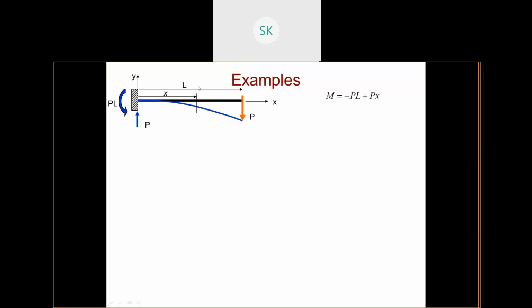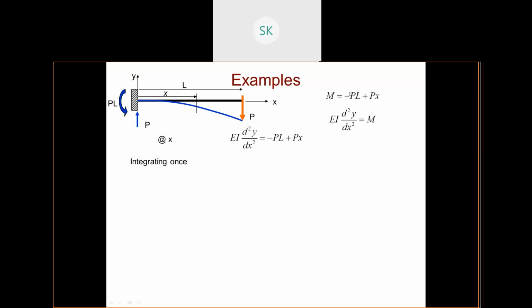If I take a section X-X at this point and use the equations of equilibrium, you will get an equation like this: M is equal to minus PL plus Px. Why minus PL? It is in the anti-clockwise direction. Px is in the clockwise direction. So this is my moment equation.